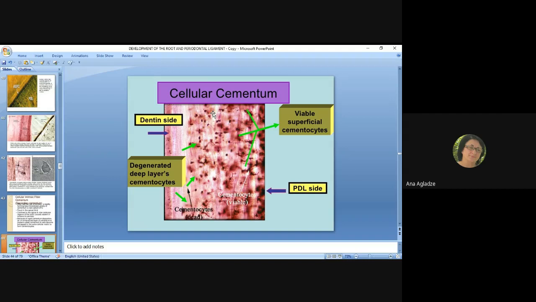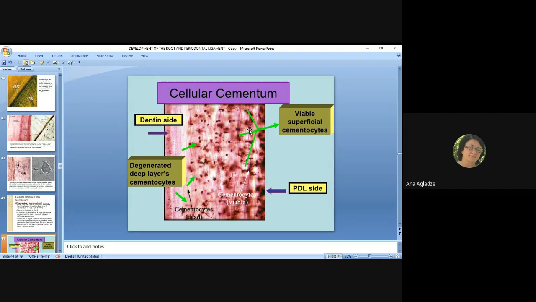It is produced solely by cementoblasts. Here you can see the cementocytes already degenerating, and viable superficial cementoblasts. It contains no Sharpey's fibers. These cells are distributed with a variable density in cellular intrinsic fiber cementum, and in places no cells are visible.